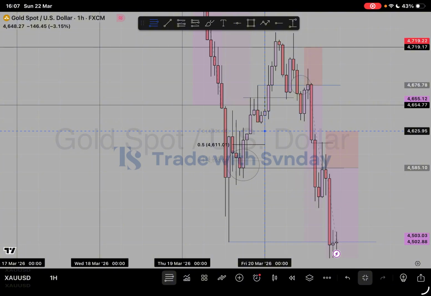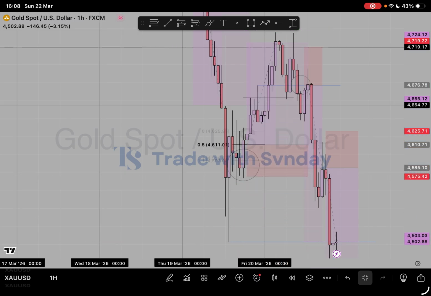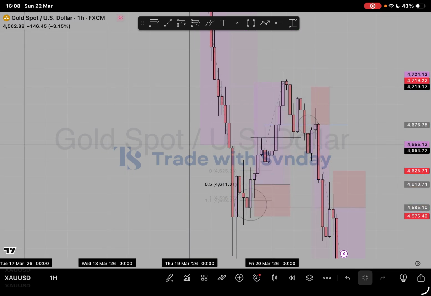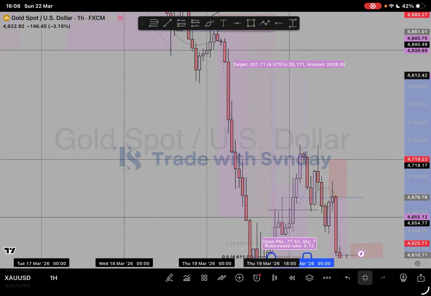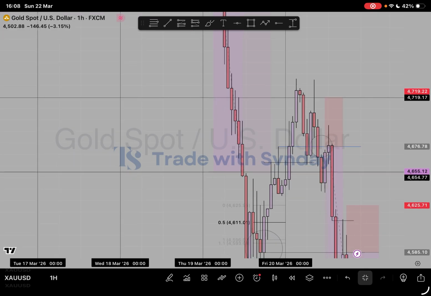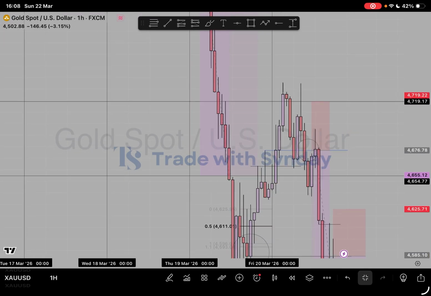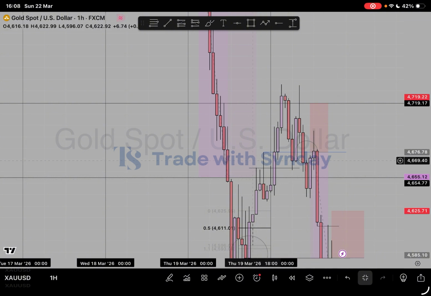Some early buyers would be able to chip in with that, and you could easily take your entry, something like this, and keep your stop loss at this point, trying to chase some form of retracement, probably as far as this. But the key thing I want us to take away is that after this trade was picked at this level, another rejection happened at this level.